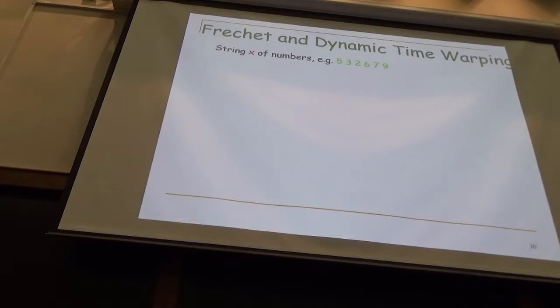Here's another example. This is another distance function, but quite different from edit distance. So to warm up, we have a string x of numbers, and what we call a traversal of the string is a sequence of steps where in every step you either stay on the same number or you move to the right one step. Okay, so that's a traversal of x.